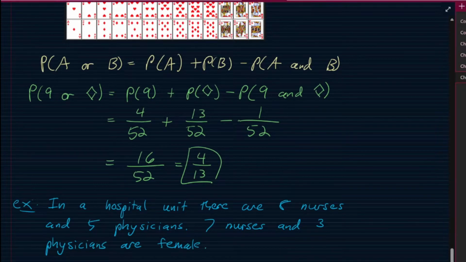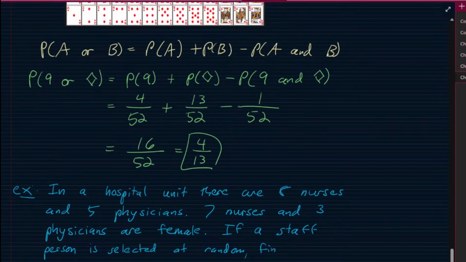If a staff person is selected at random, find the probability that the subject is a nurse or a male.